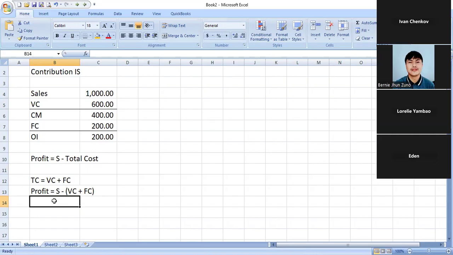How are they going to get the profit? If the sales are more than the cost. That's how simple it is. As long as the sales are more than the cost, people are going to make profit. If the sales are less than the cost, obviously people are going to lose money. So now, for that reason, when you open a brand new business, the first objective is what? To cover your cost.